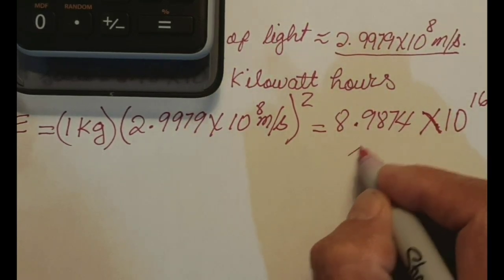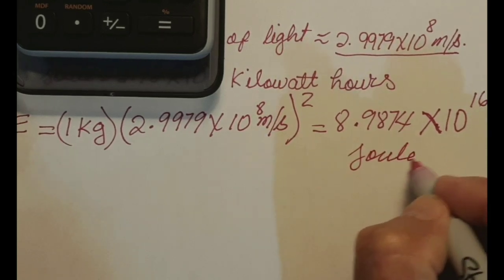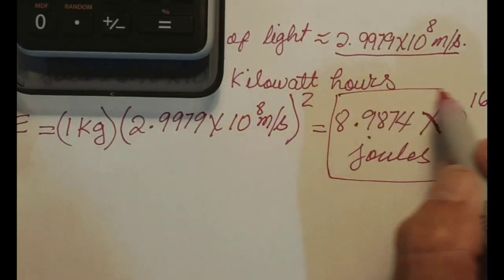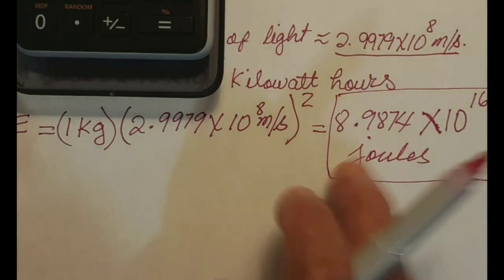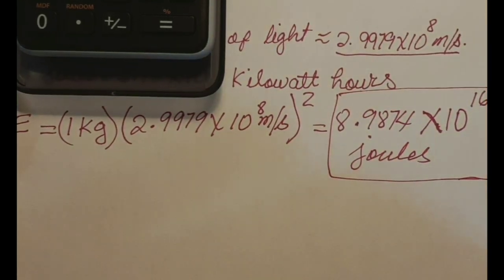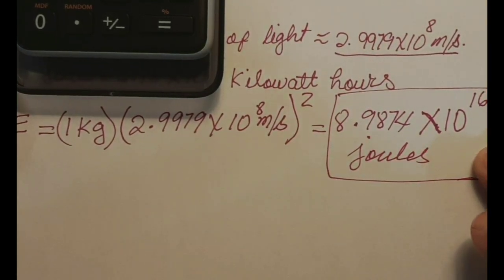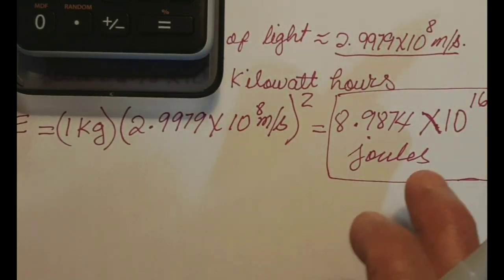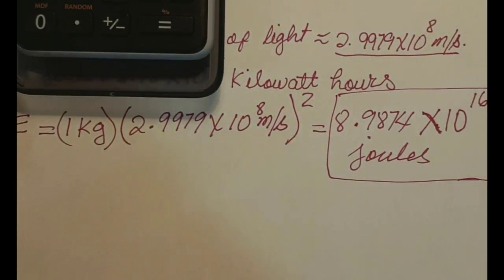It is joules. This is the amount of joules in 1 kilogram of matter, assuming that the kilogram of matter is completely converted to energy.